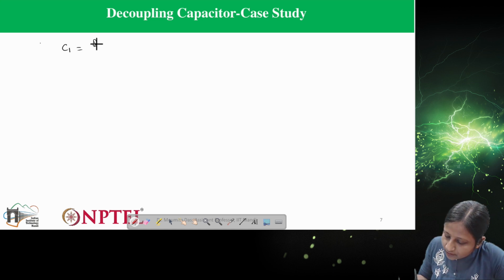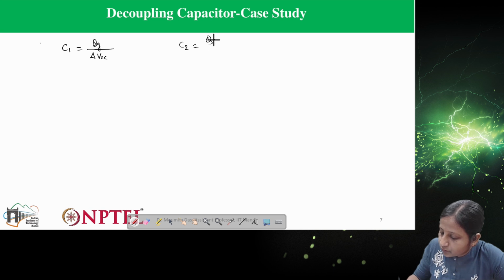It will come from gate charge divided by delta VCC, one with respect to the positive voltage, and if we have negative voltage, another will come from the negative voltage. If we have two different sources, then two different decoupling capacitors will be connected. Now this QG you already know, that is 49.2 nanocoulomb.